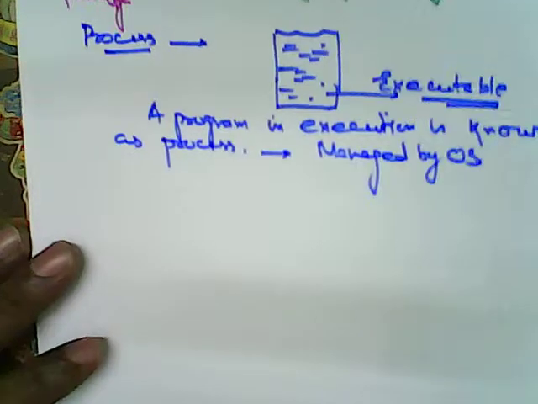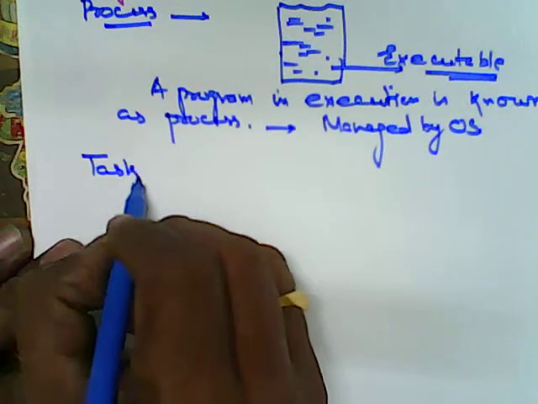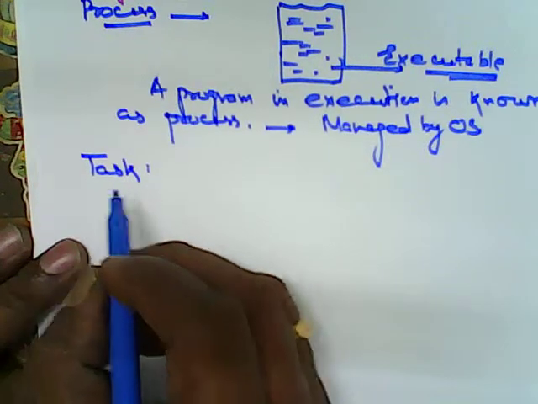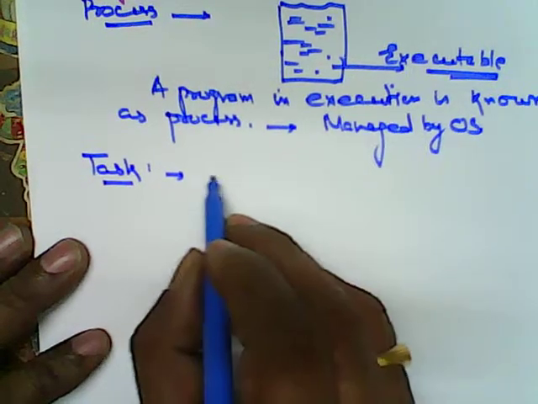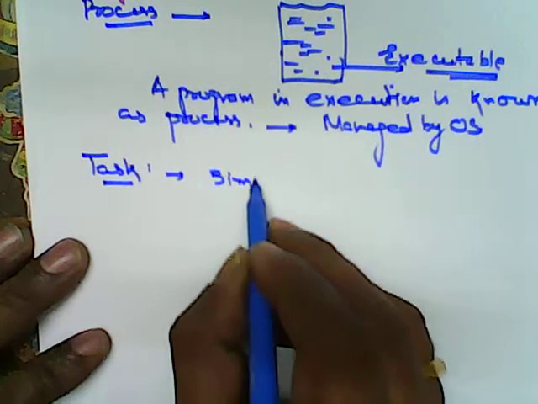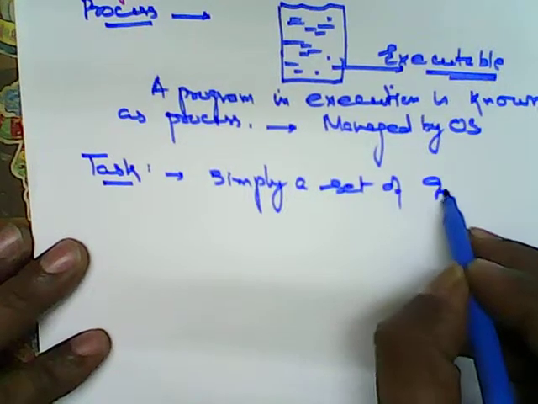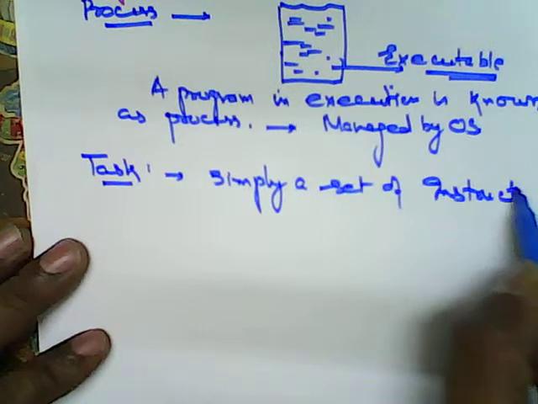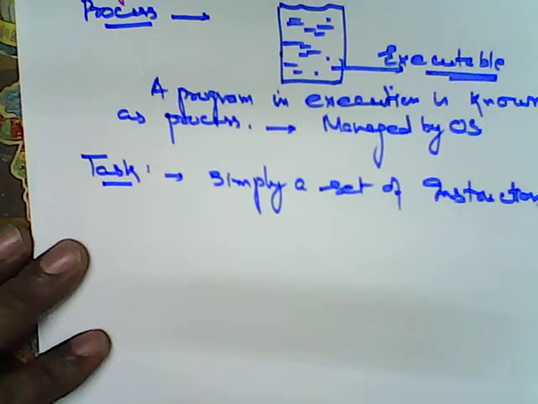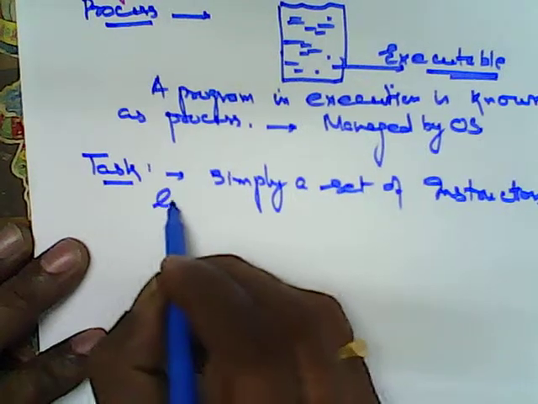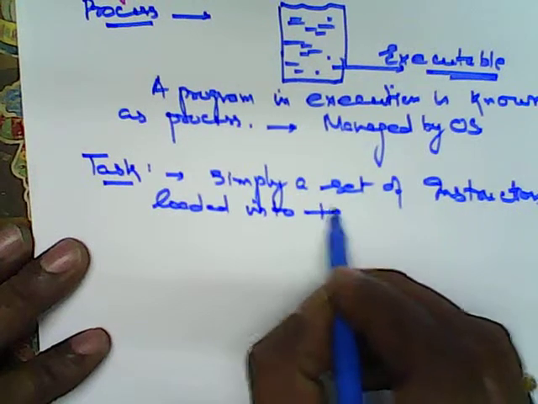Now another term, task. What exactly does task mean? A task is simply a set of instructions, and where you write these instructions, they are loaded into the memory.